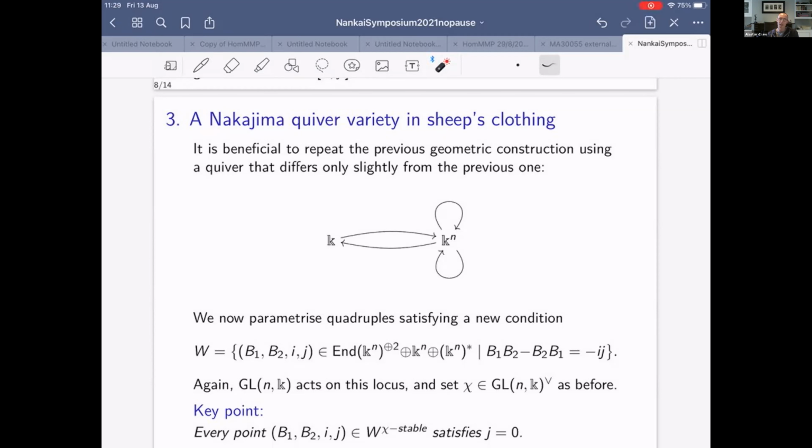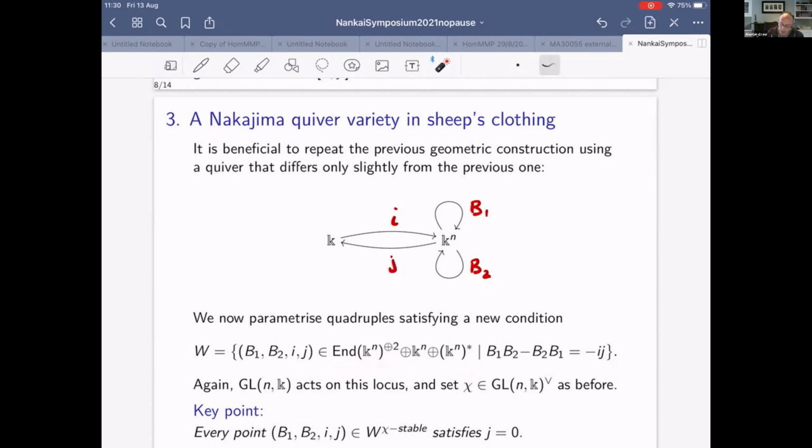I'm now going to repeat the construction with a difference, and I'm going to throw in one extra arrow. So take this on trust for the moment. I'm going to repeat the construction, but just ever so slightly different, where I throw in a map J going in the other direction from Kn back to K. So now we've got quadruples, and we look at the space of all possible quadruples, and here it is.